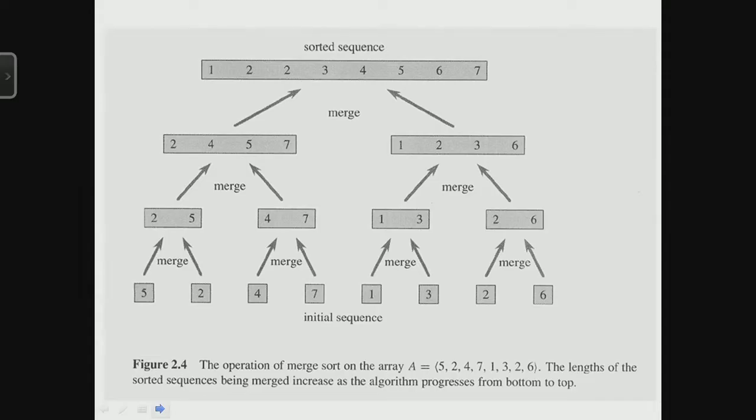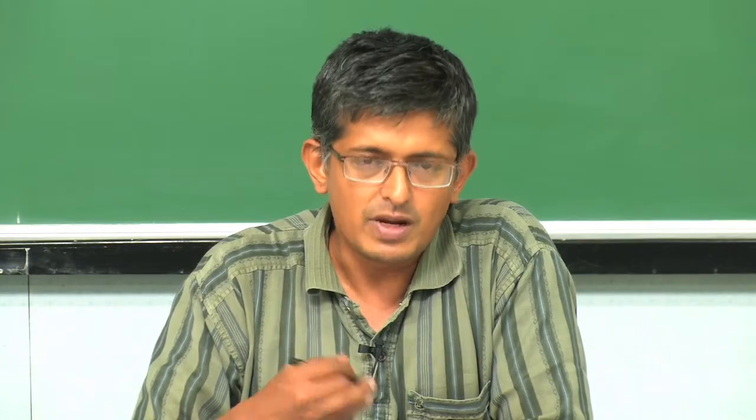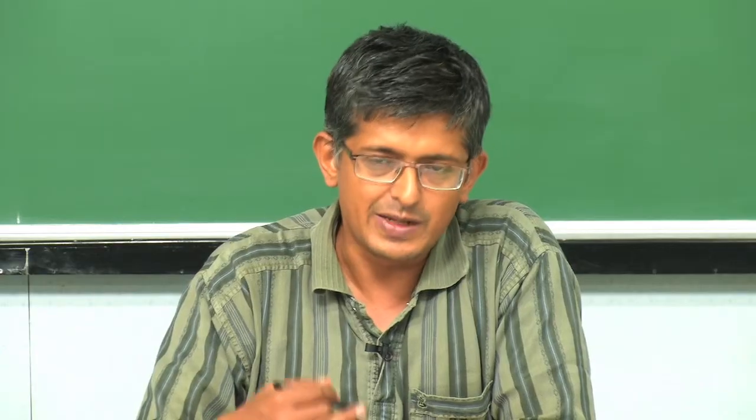It is important to observe that this tree is present only in the analysis of the algorithm, and the algorithm does not run in this order. It runs in a top down order, as opposed to the analysis, which is presented in a bottom up fashion.